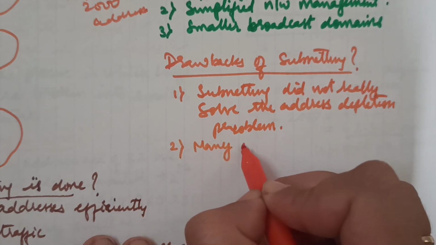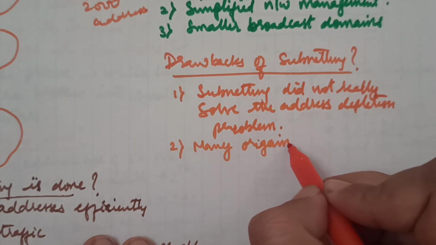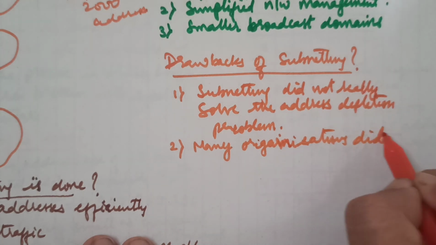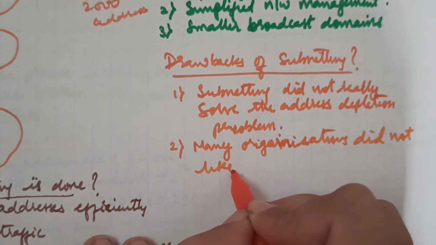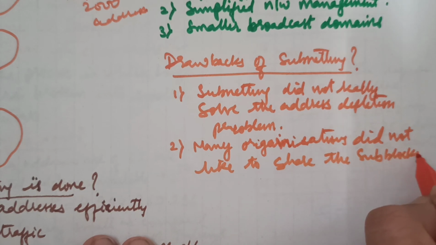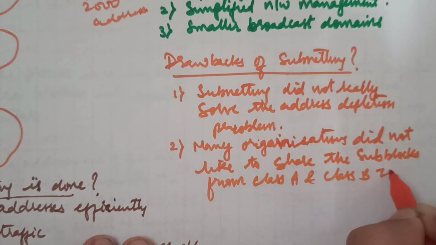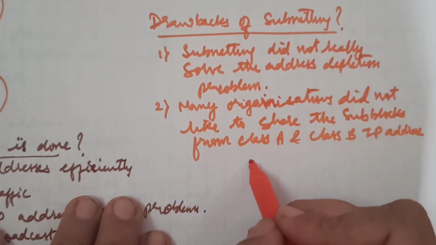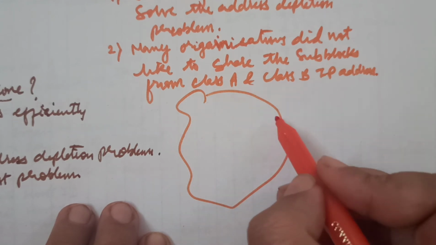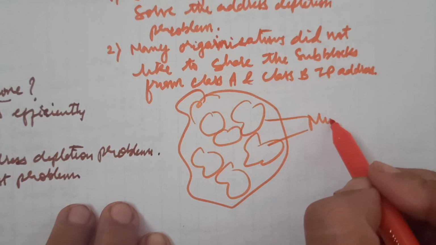And many organizations did not like to share the subblocks from class A and class B IP addresses, because in subnetting the large size class A networks are subnetted into smaller size, and these smaller networks are then shared among multiple organizations.